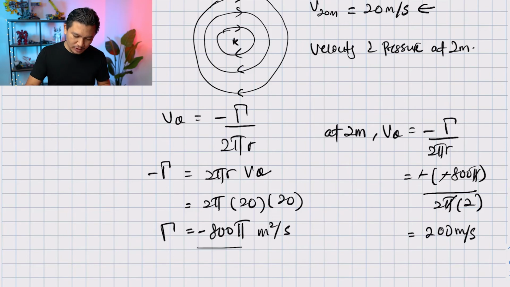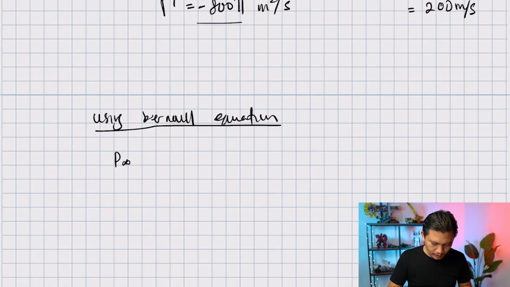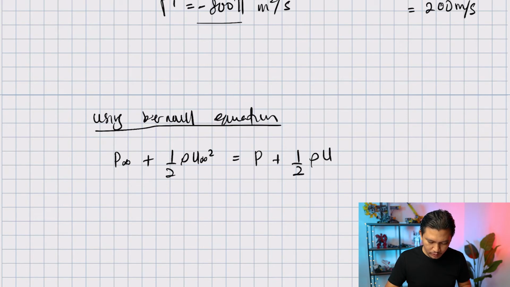Okay? The second question is looking for pressure. And whenever you need the relationship between velocity and pressure, you know that the best equation is the Bernoulli equation. So using Bernoulli equation, that is P infinity far away from the tornado plus half rho u infinity square equal to P 2 meter from the tornado plus half rho u 2 meter from the tornado.